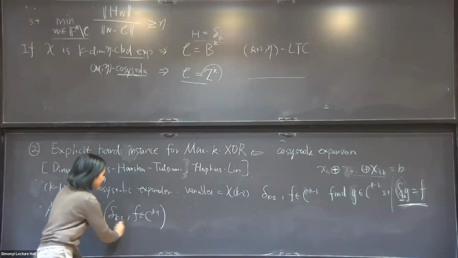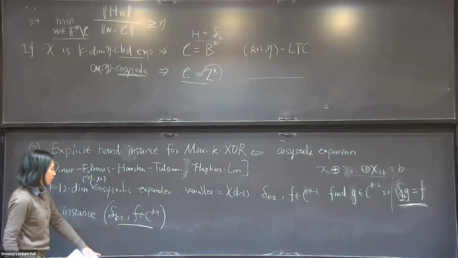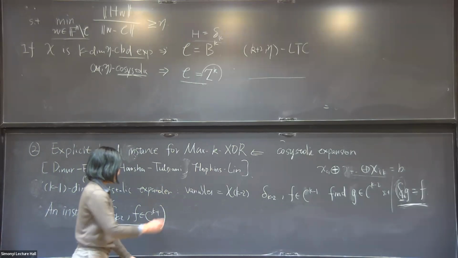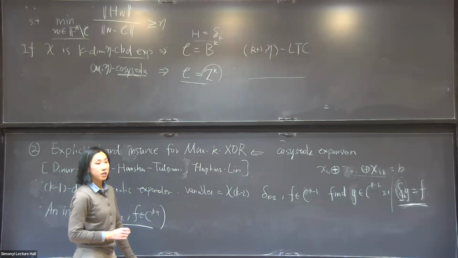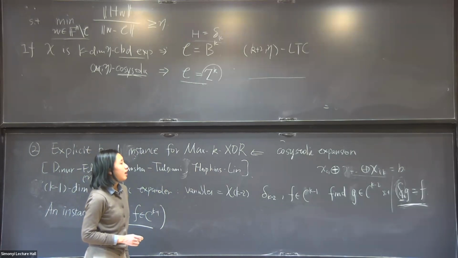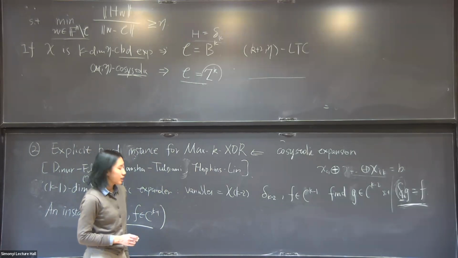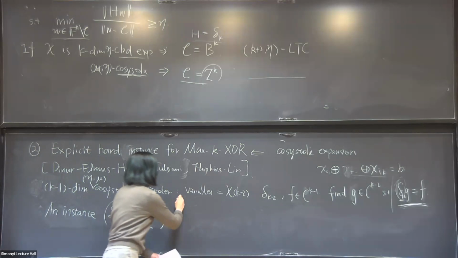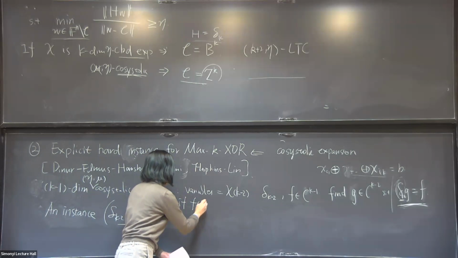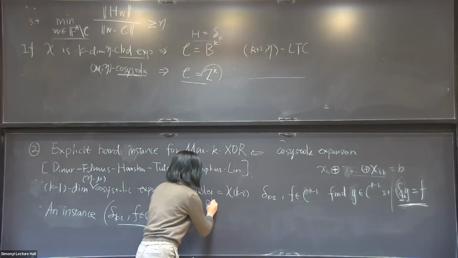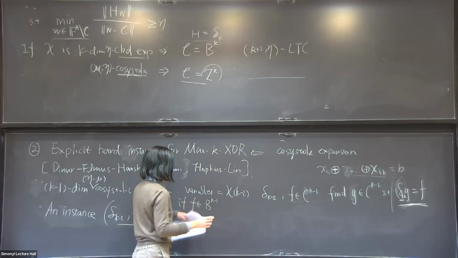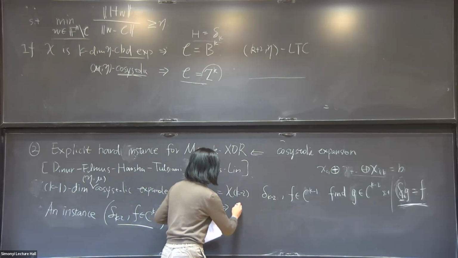So this pair is the equation. So f is b really, right? You could have written b for this. Yeah, that's right. So if f is in B k-1, then the instance is satisfiable.